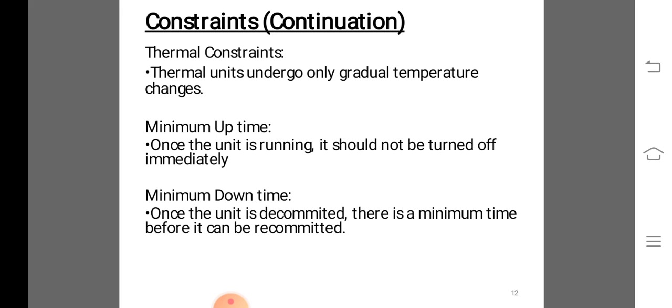Spinning reserve must be allocated to obey certain rules, usually set by a regional reliability council in the United States, that specify how the reserve is to be allocated to various units.